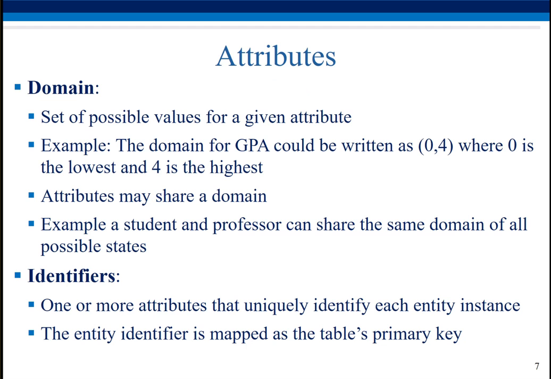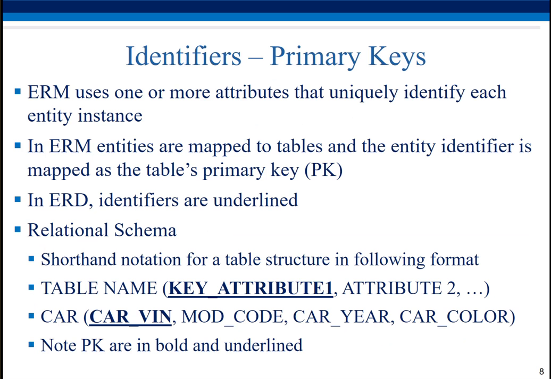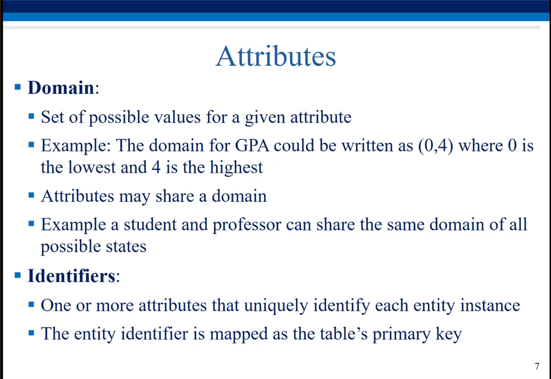And then an attribute can share a domain. An example is a student and a professor that have the same domain of all possible states. And we have identifiers, one or more attributes that can identify each instance. The entity can map to the primary key. We talked about that before.